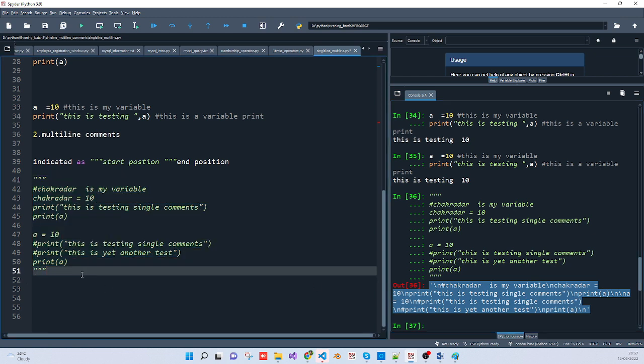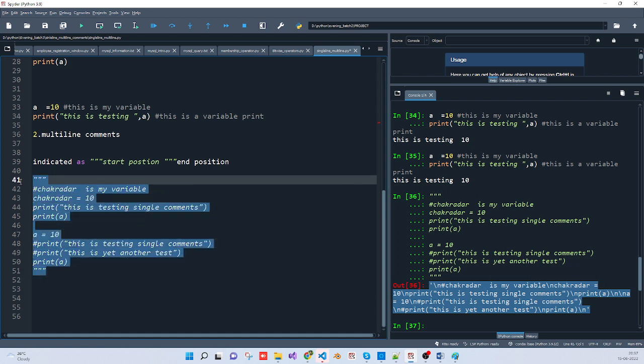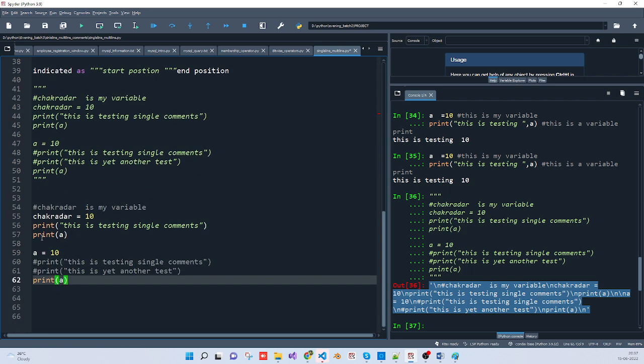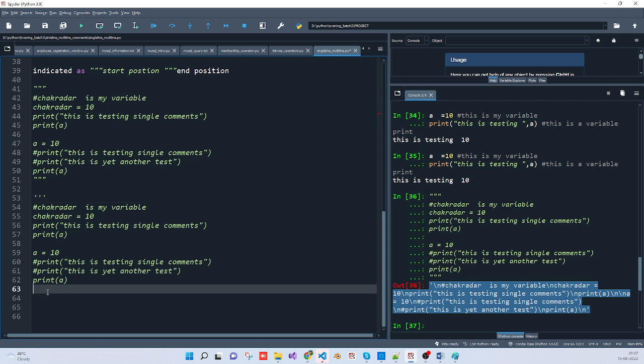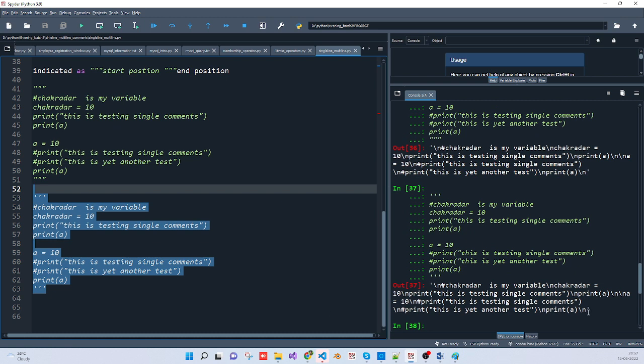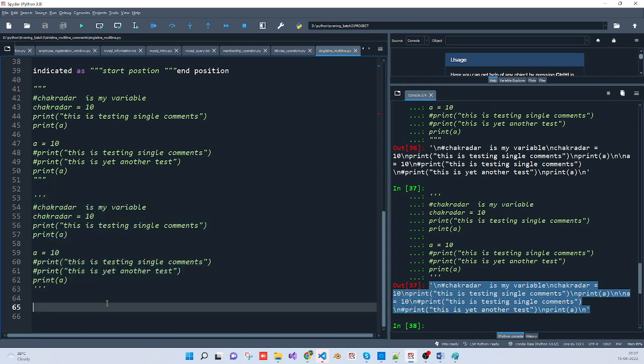Now this is one way, and now observe: three single quotes at the starting position and at the ending position. If you run it like this, Ctrl+S, the editor will not consider these lines.